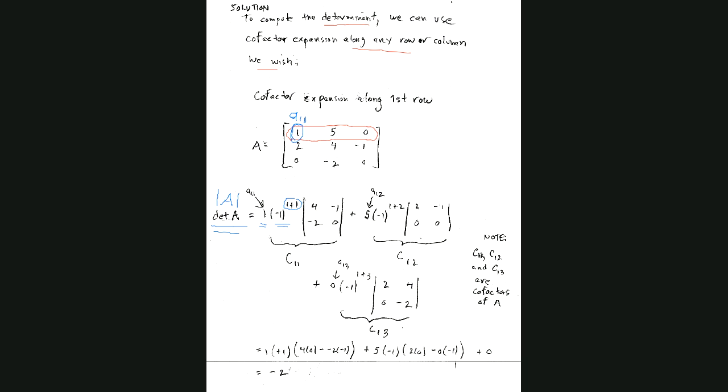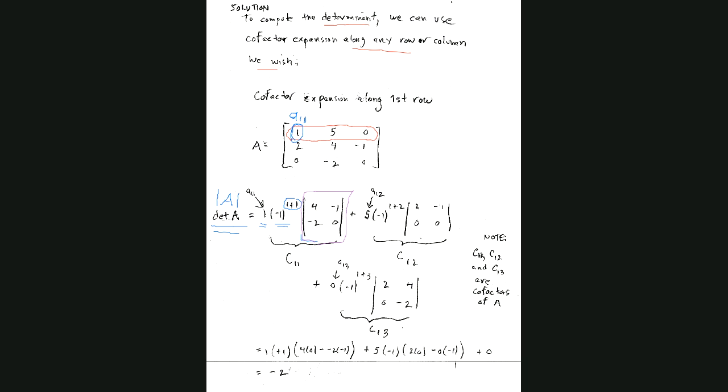And then I multiply that by the determinant of the submatrix that results. Notice this submatrix here. Maybe I'll put it in purple. It's a 2 by 2 matrix. How did I get that 2 by 2 matrix?